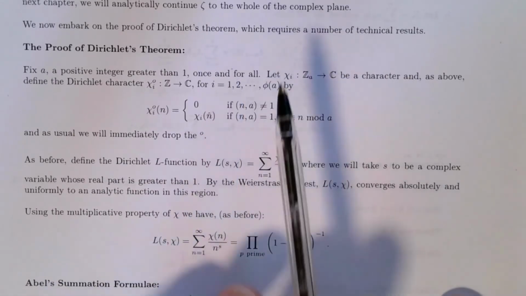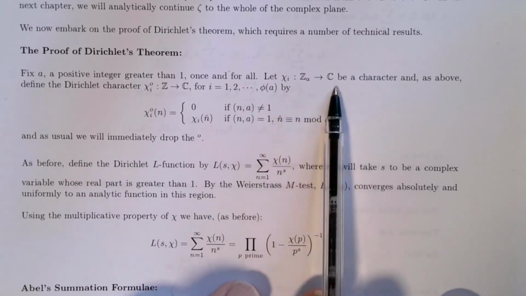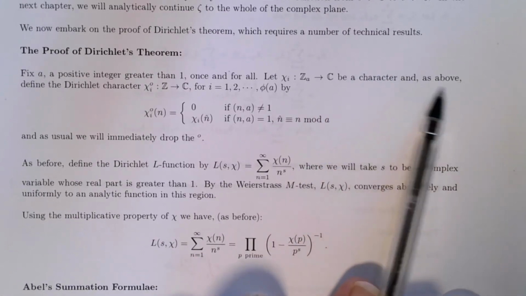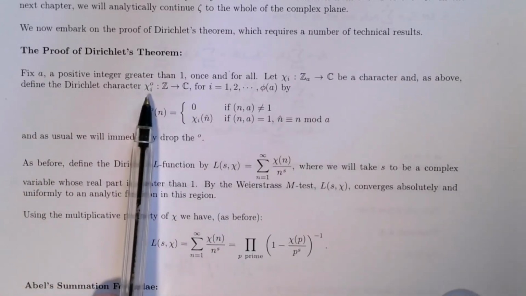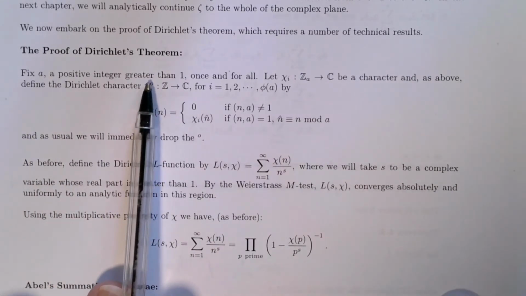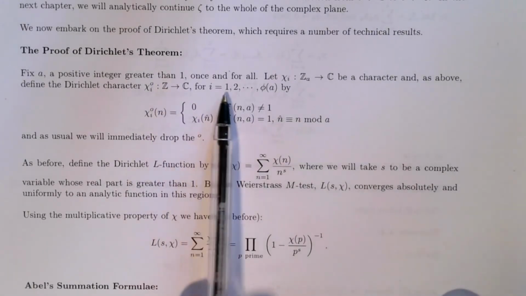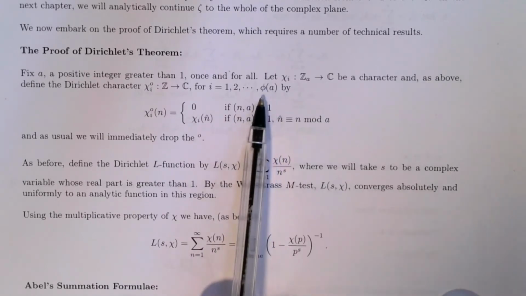We take a character, mapping Z_A, or U_A if you like, into the complex numbers. We take that to be just an ordinary group character. And as above, we define the Dirichlet character, chi_i superscript 0, mapping the integers into the complex numbers for i equals 1 up to phi(A). And of course we know that that's the number of characters we're going to have.